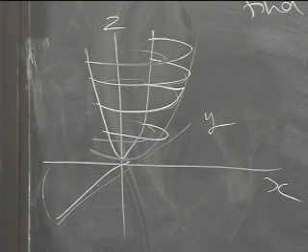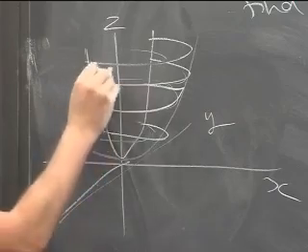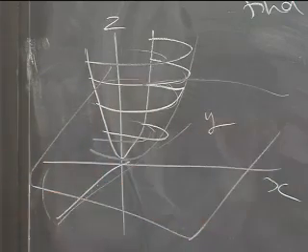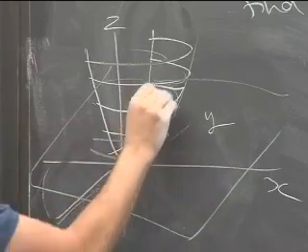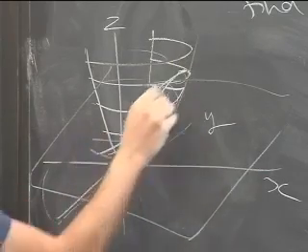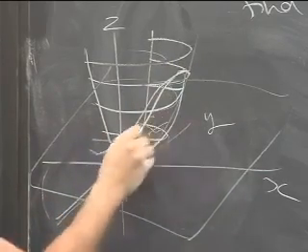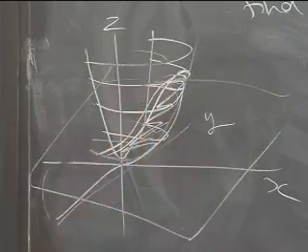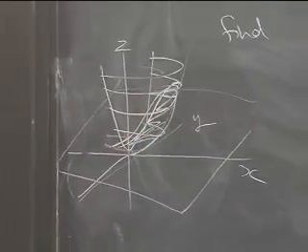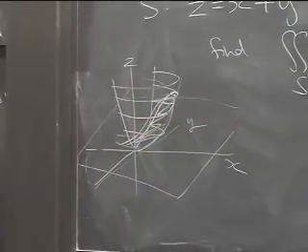And actually, we only need the part where z is less than or equal to y. So somehow we have to take a plane that's at 45 degrees going up, and chop off a whole bunch of this. So it's actually only going to be a little bit of the surface. Again, it's bloody hard to draw.